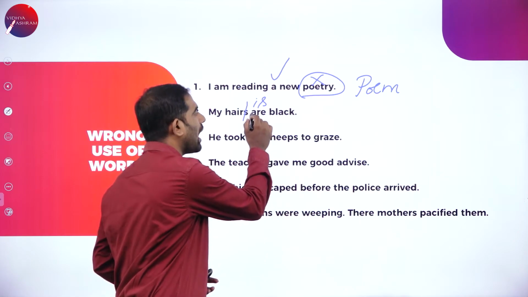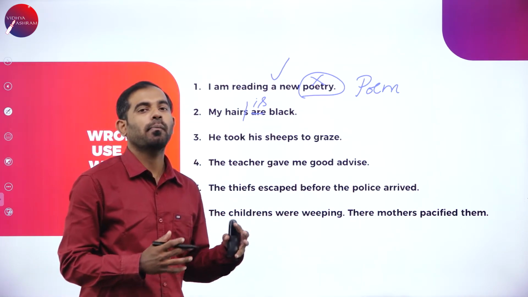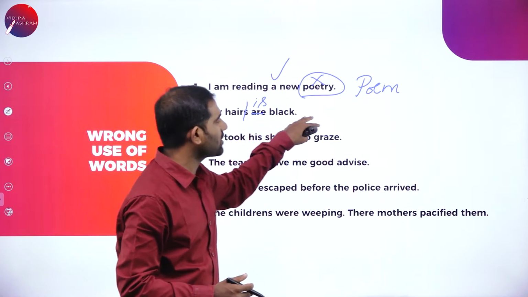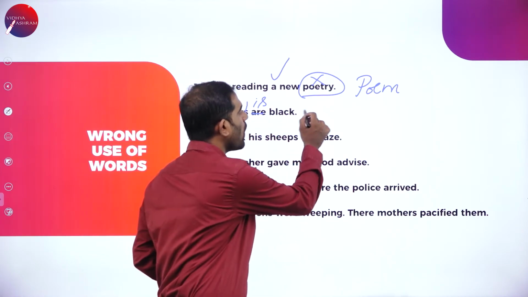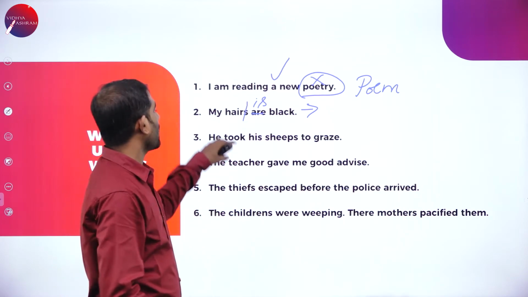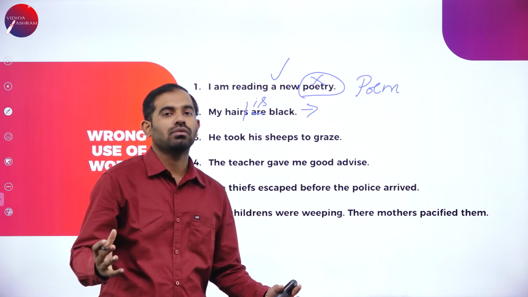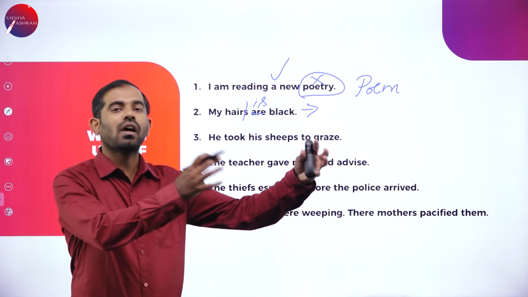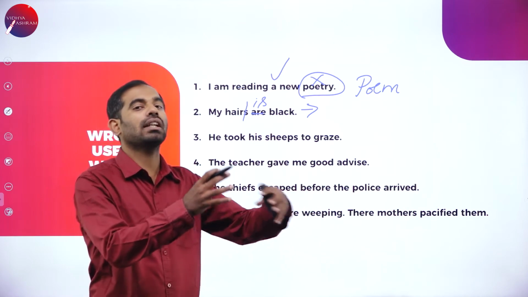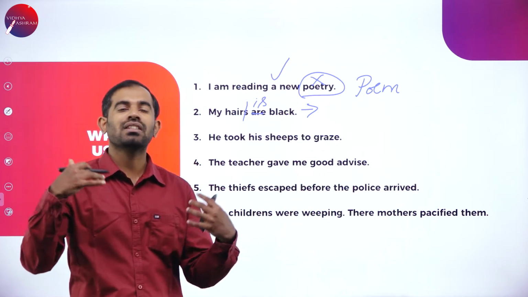It is not are. It is is. My hair is black. With respect to this example, let me give you one more example here. When you speak in Kannada, you don't say hairs. My hair may be plural, there may be a few thousand hairs, but we don't say hairs. We consider my hair as singular.